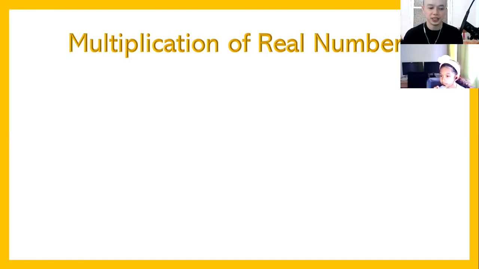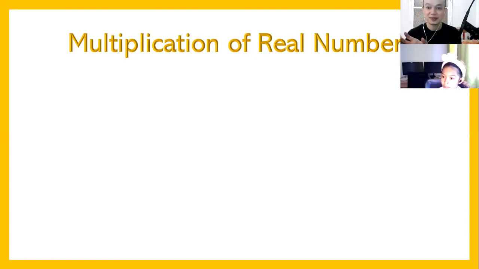Okay. Listen carefully. In multiplying numbers, if the two numbers are of the same sign, whether it's positive or negative, as long as they are of the same sign, the product or the result is positive.